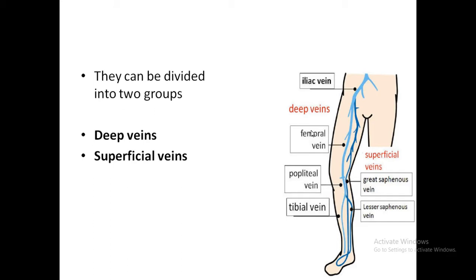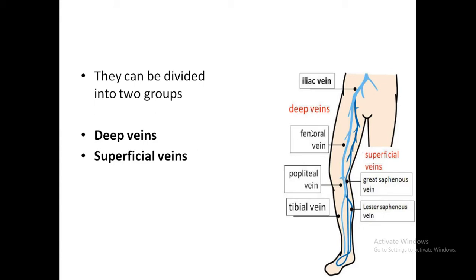Both types of veins, deep or superficial, have venous valves to prevent reflux of blood distally, but they are more numerous in the deeper veins.